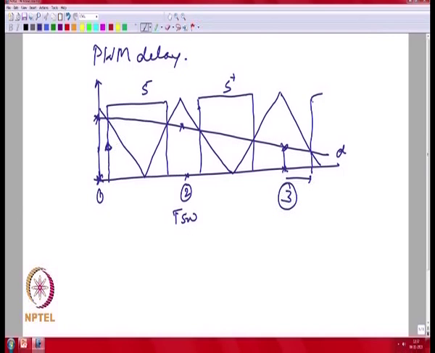This depends on the value of the pulse that you are trying to get, and it is a varying effect, but it is modeled as an equivalent delay model of TSW by 2.